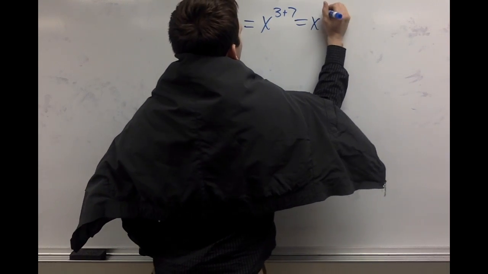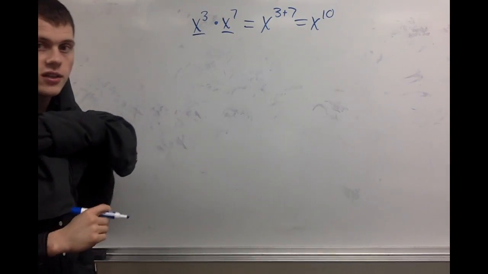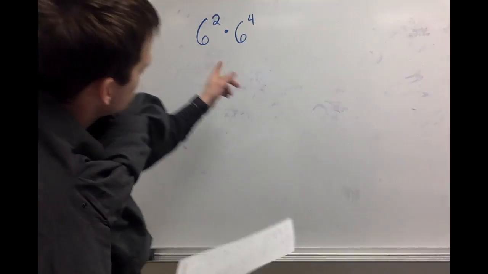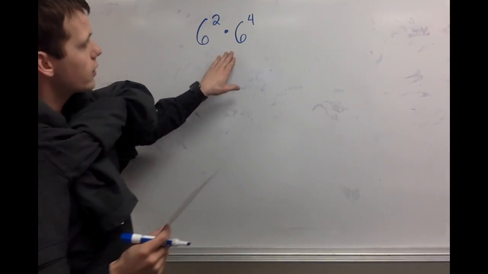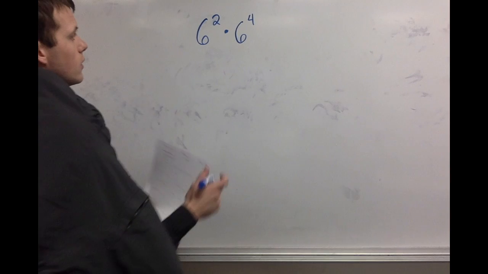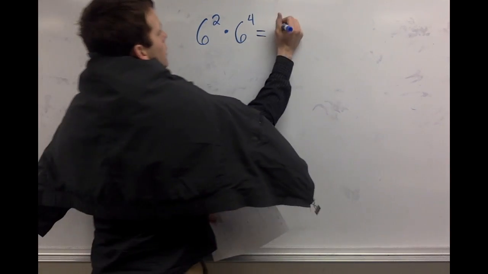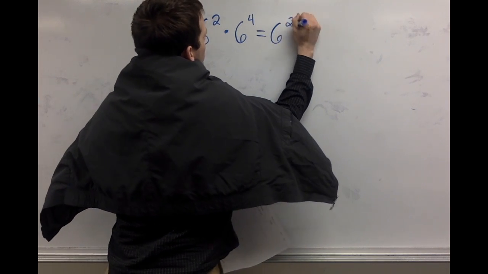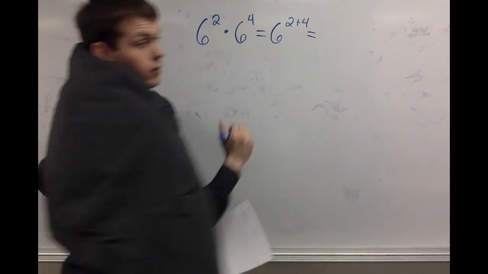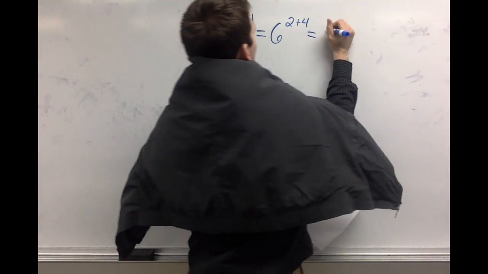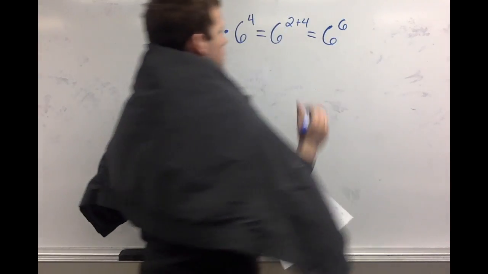So we get an answer of x to the 10th. The next problem we're going to do is 6 squared times 6 to the 4th. That's simply 6 to the 2 plus 4, which is then equal to 6 to the 6th.